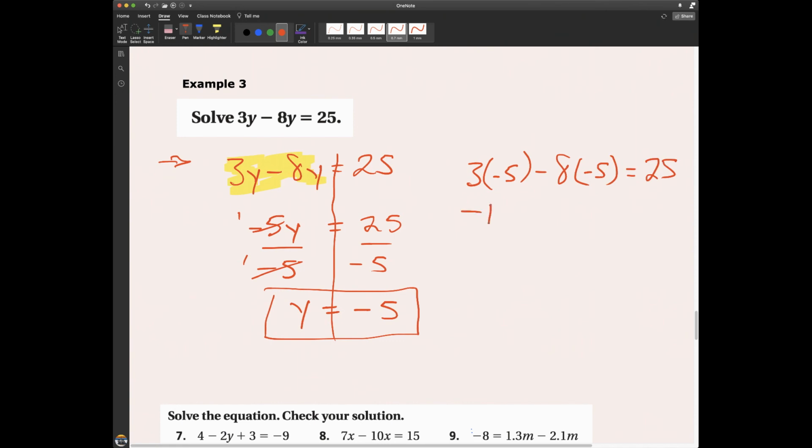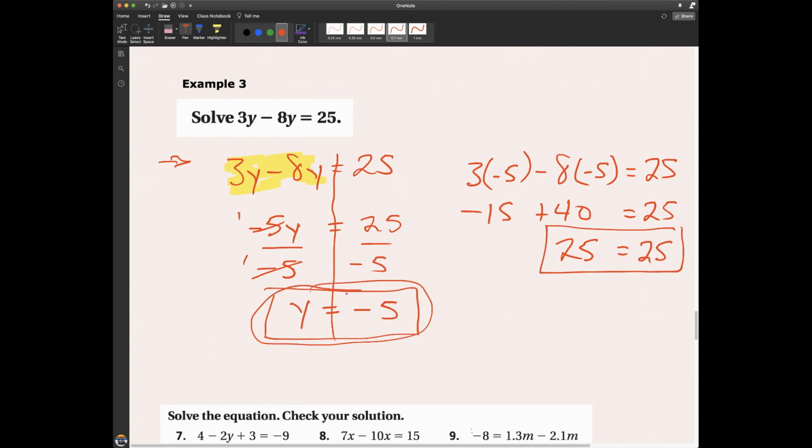Well, this is negative 15. This is 40. Does that equal 25? Negative 15 plus 40. You can check it in your calculator. You'll find that, yes, it does equal 25. So this is the solution to the equation.